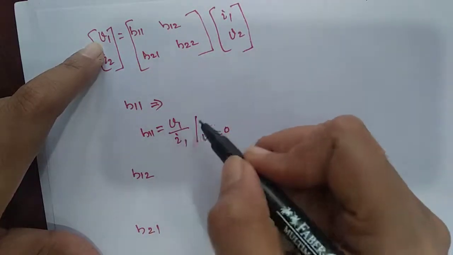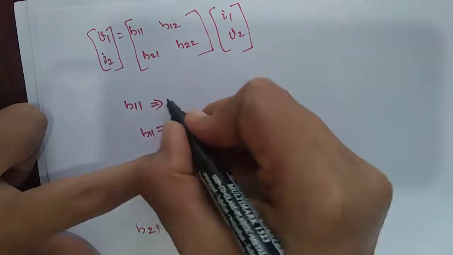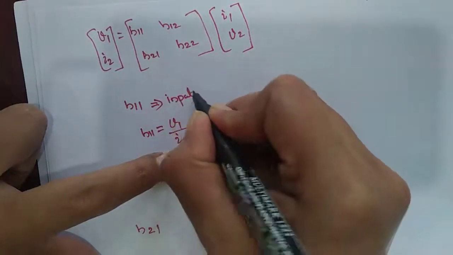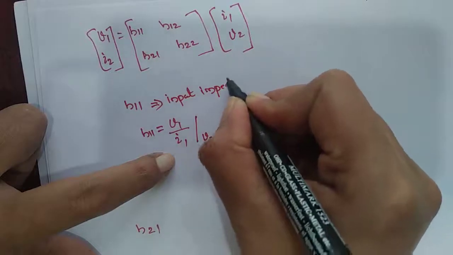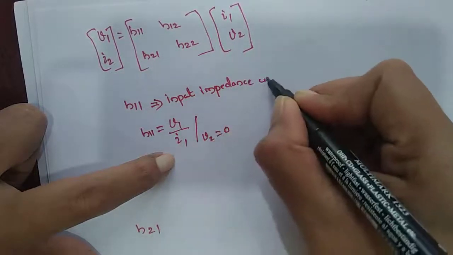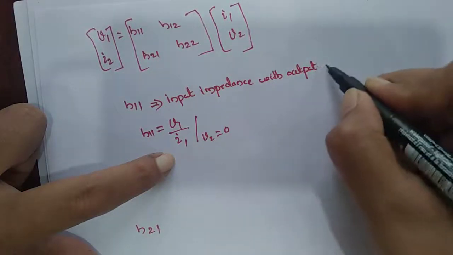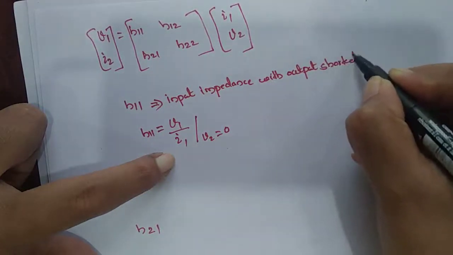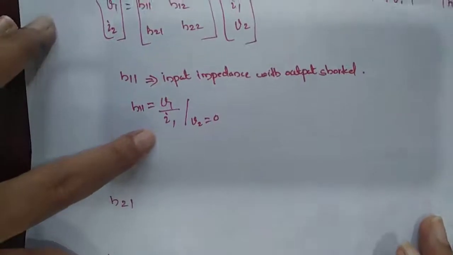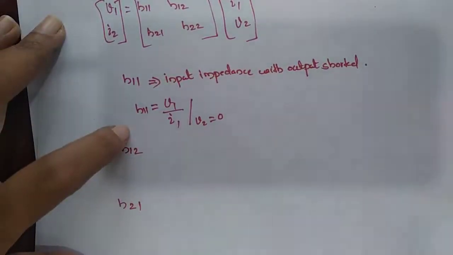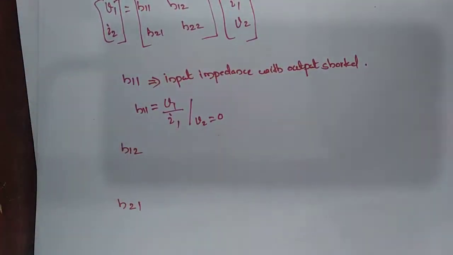V1 by I1 is input impedance with output short circuited. That is our H11.